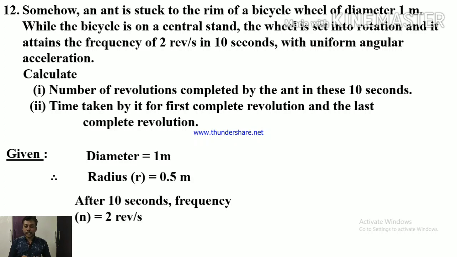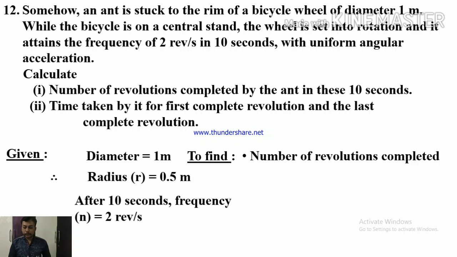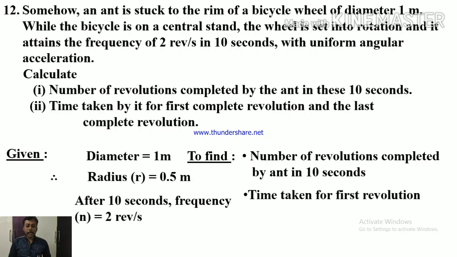So after 10 seconds the frequency n is equal to 2 revolutions per second. We have to find, first, the number of revolutions completed by the ant in these 10 seconds, then the time taken for the first revolution and the time taken for the last revolution. Okay, so let's see the solution.